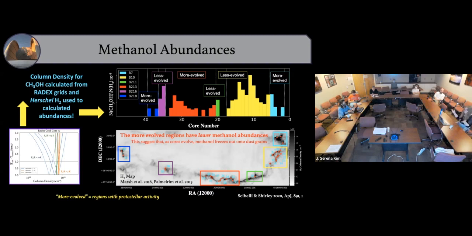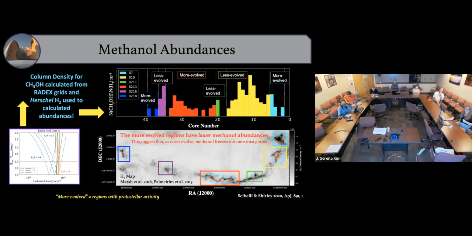If there's a protostar, we consider that region more evolved because there are objects in there that have reached the next level of evolution. So if you look at the more evolved regions, such as this red region here, you see lower methanol abundance. And in the less evolved regions, you see higher methanol abundance, suggesting that methanol is freezing out in these more evolved regions.